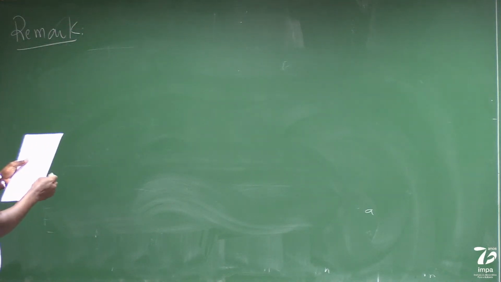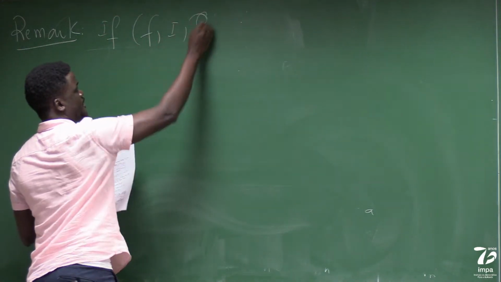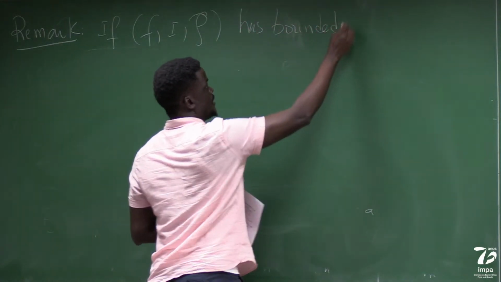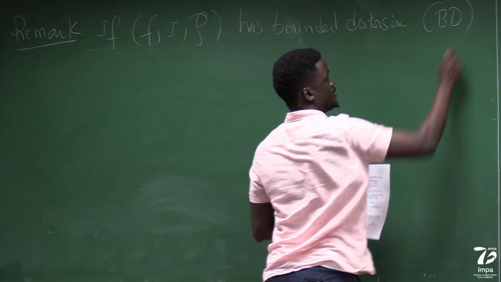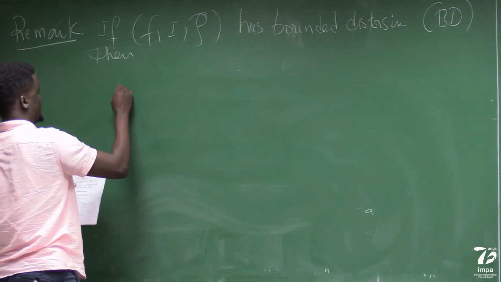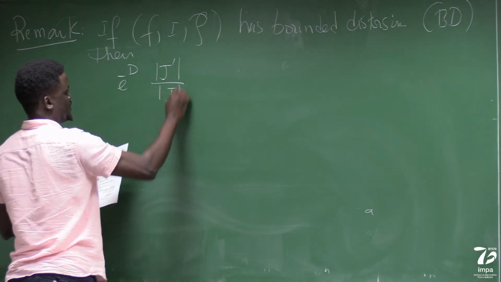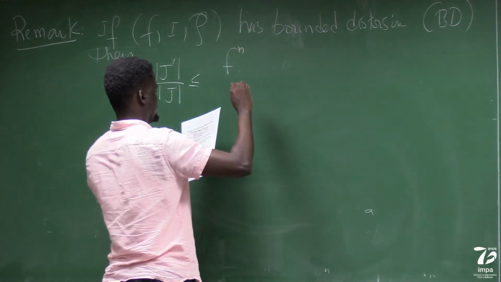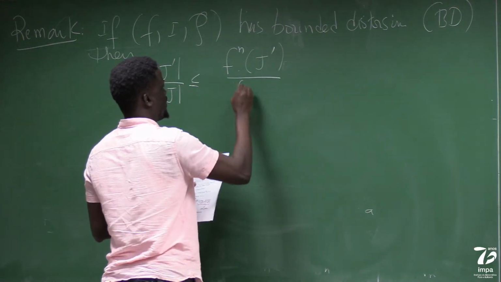The remark is that if this f has bounded distortion, I'll be writing BD, then you have that e to the minus D times |J prime| over |J| is less or equal to |f^n J prime| over |f^n J|.